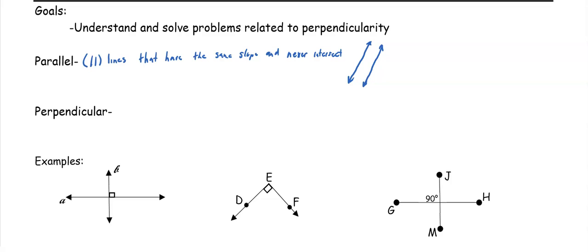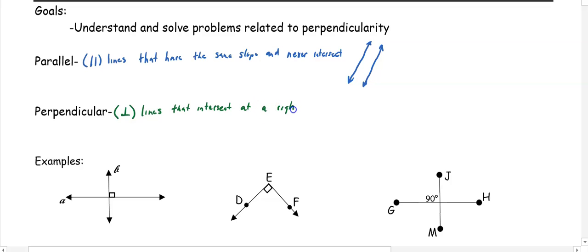Perpendicular then is represented by a symbol that looks like an upside down T, and this is lines that intersect at a right angle. We know we have perpendicular lines because they have opposite reciprocal slopes.